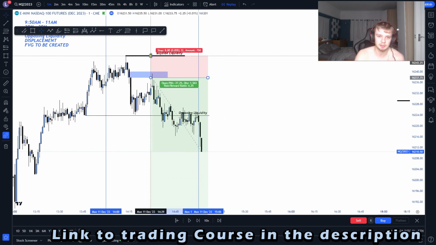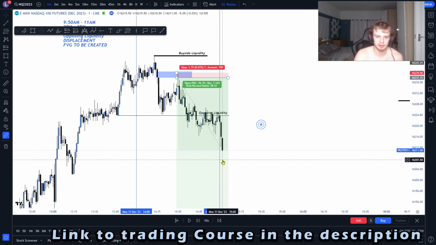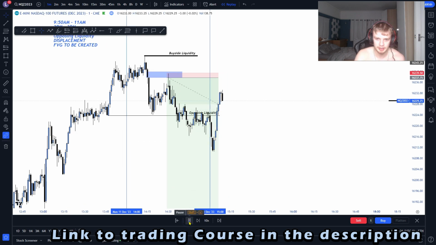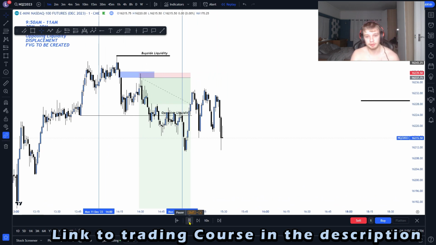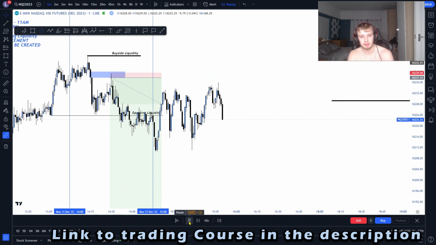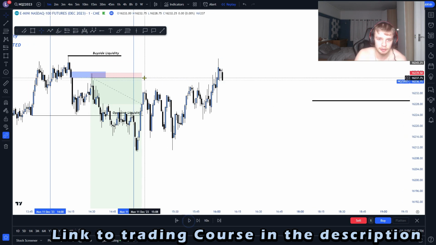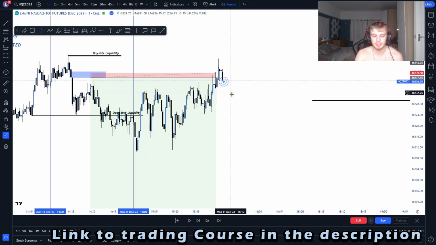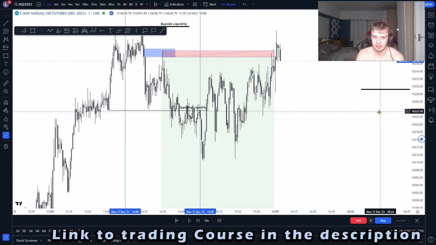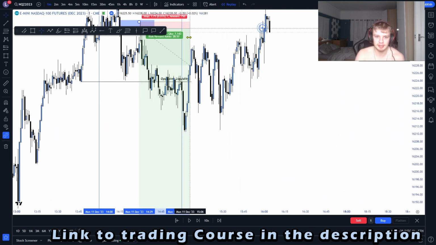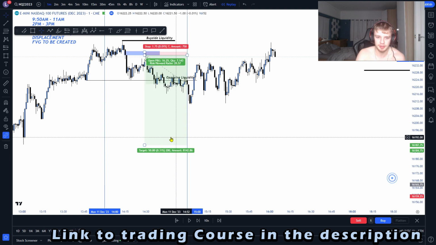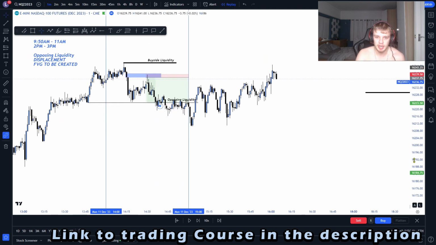And obviously at this point you want to be at break even, so put your stop loss to break even. The reason is that price can come back and retrace to your stop loss, which price action did at this point. But nonetheless, this was a winning trade, and this is how you trade the silver bullet.